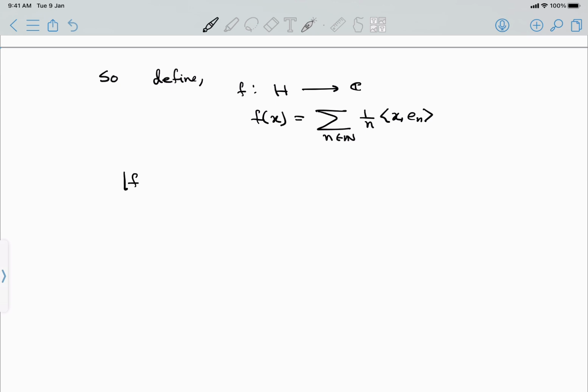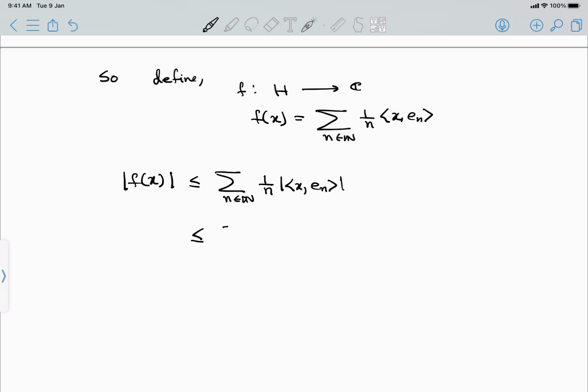Then what is the mod of f of x? This is less than or equal to the summation, n belongs to N, of 1 by n times the mod of the inner product of x with En. Now use Cauchy-Schwarz. Take this to be an and this to be bn, and use Cauchy-Schwarz.